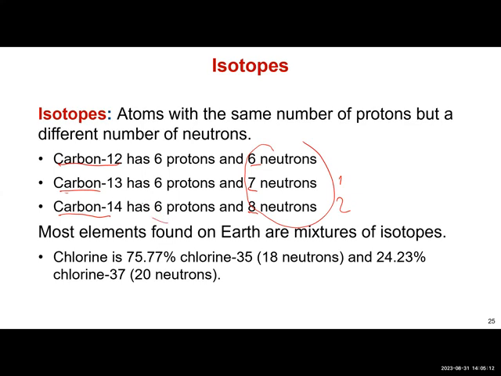The isotopes of an element have the same number of protons. For example, when you find elements, they are not just one kind of isotope. Most elements have at least 2 different isotopes. For carbon, this one is radioactive. It decays in the atmosphere. For carbon, there are 2 stable isotopes.